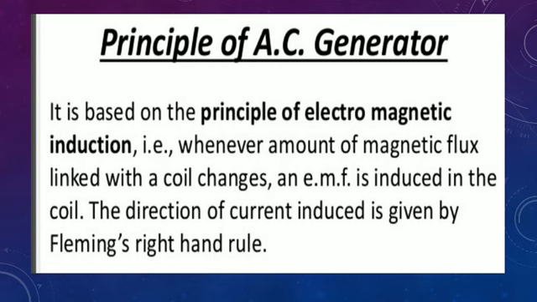The thumb represents the force or motion of the conductor, the forefinger represents the direction of the magnetic field, and the middle finger gives the direction of the induced current. Okay students, which current? Induced current. So this is the principle of the AC generator.